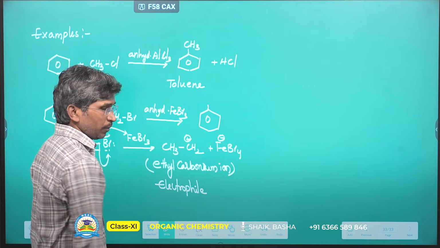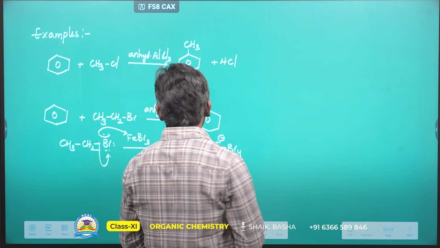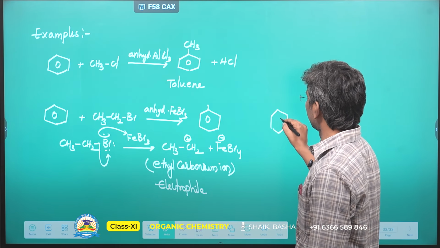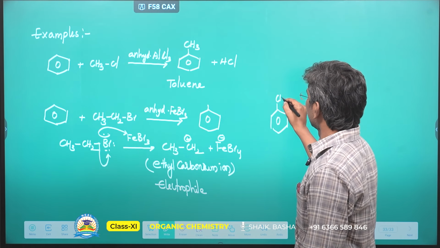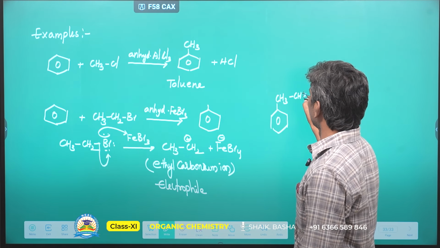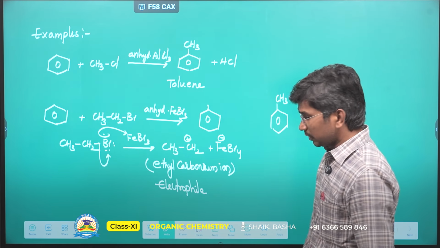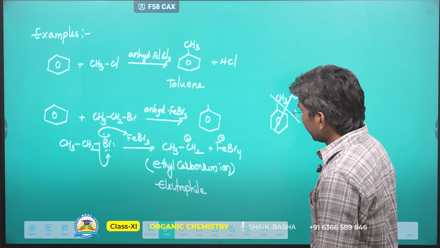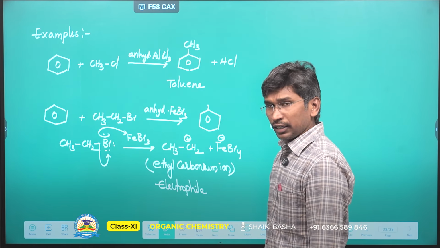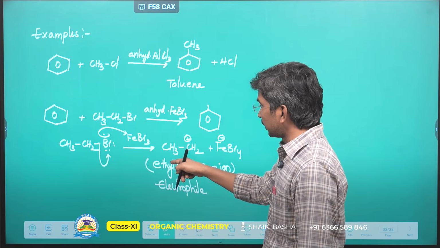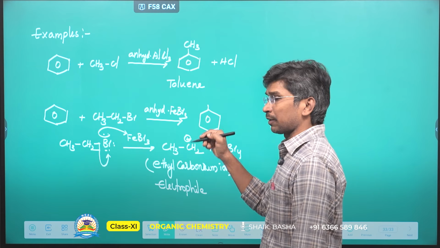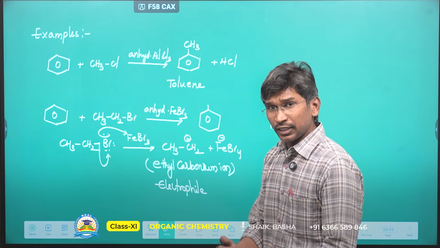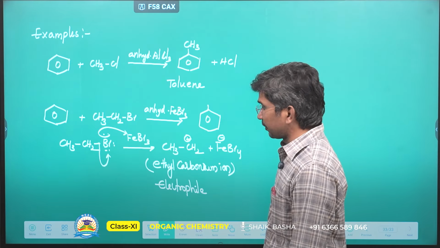Now here, what is the main important thing? Many students will write like this. Is this correct? This is 100% wrong. Why? In the ethyl carbocation, two carbons are there. Out of those two carbons, one carbon is having a positive charge. So which is the electron deficient carbon? This carbon is the electron deficient carbon.